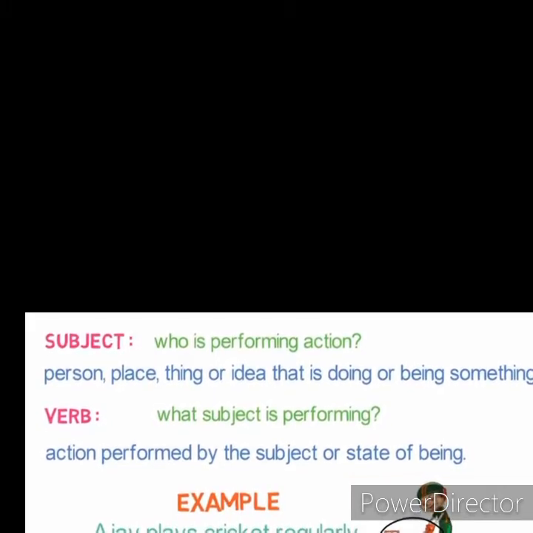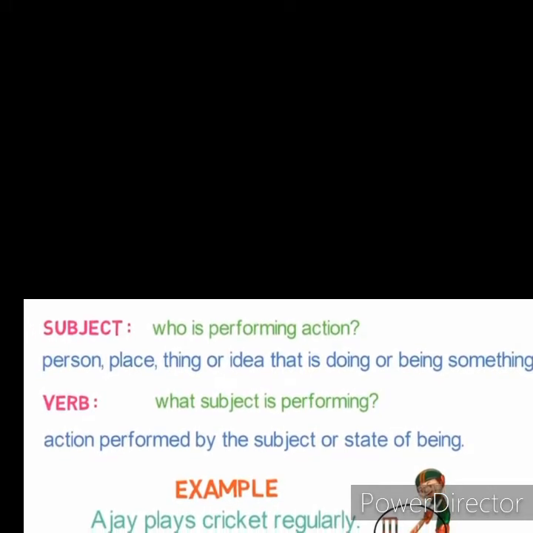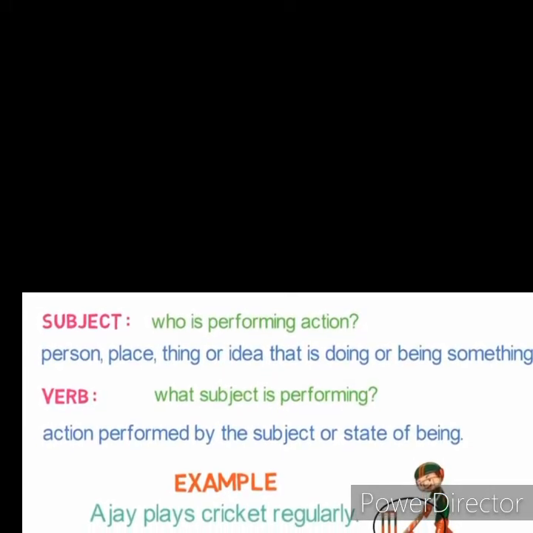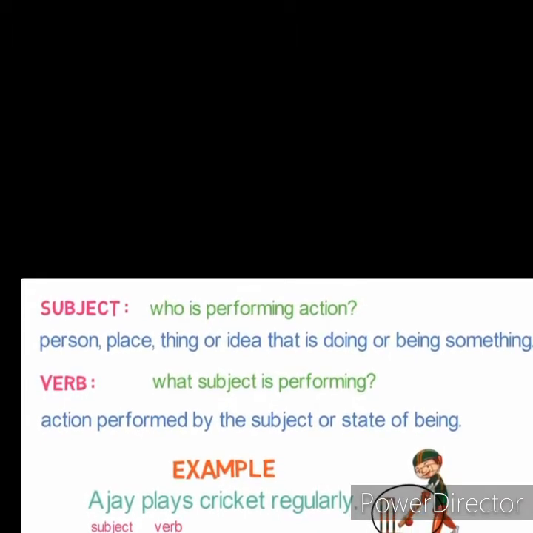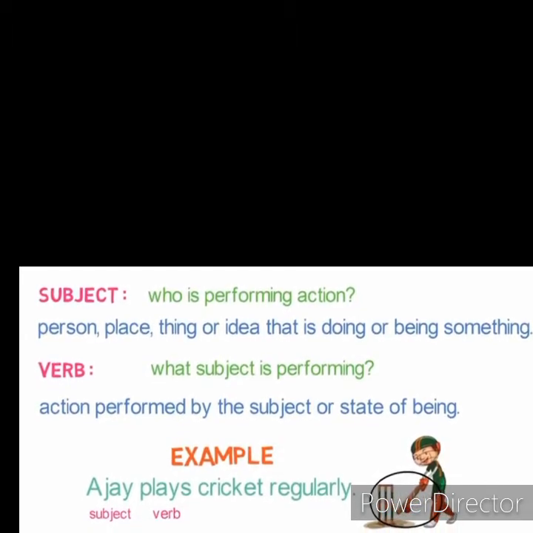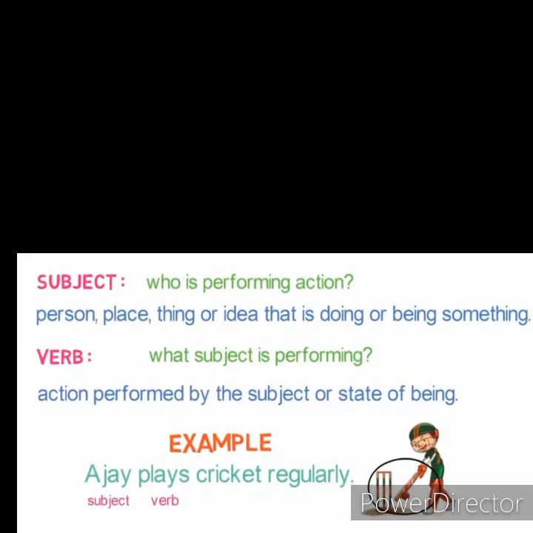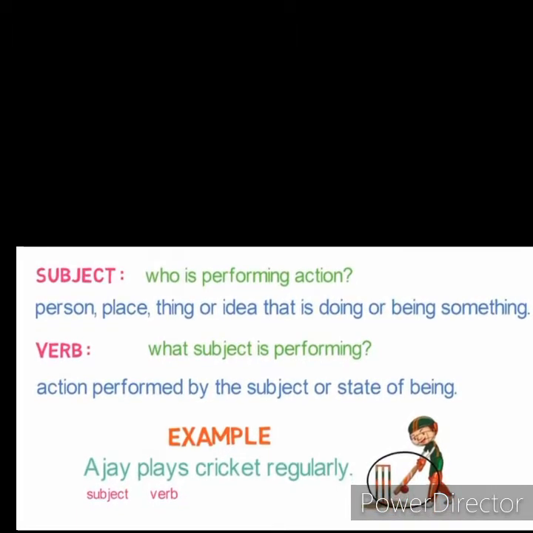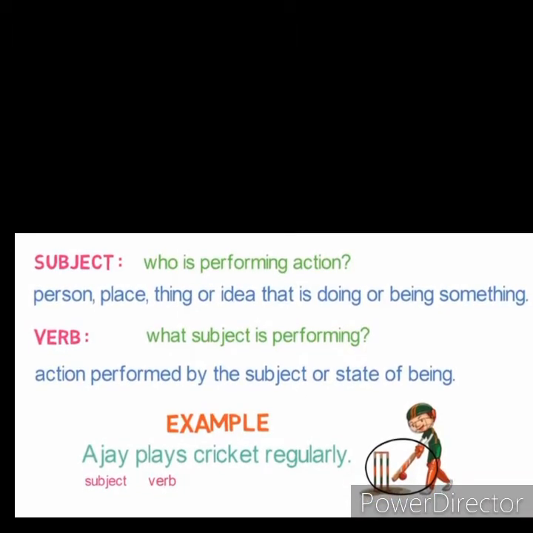Now, let's understand this with an example. For example, Ajay plays cricket regularly. Now, identify the subject in this sentence. Ask a question from yourself. Who is performing the action of playing in the sentence? Yes, it's Ajay who is performing the action of playing.